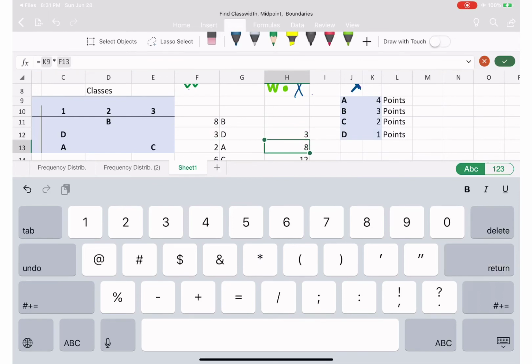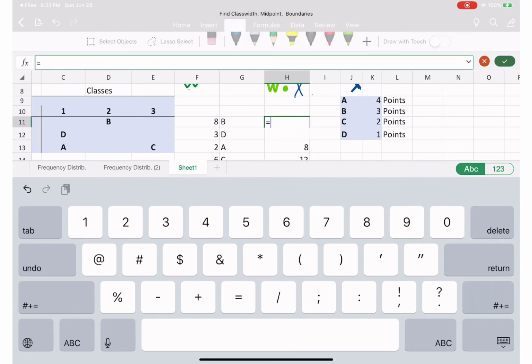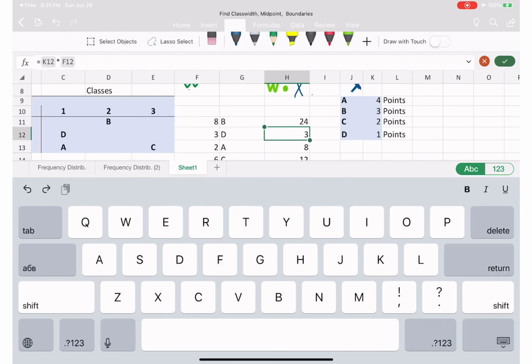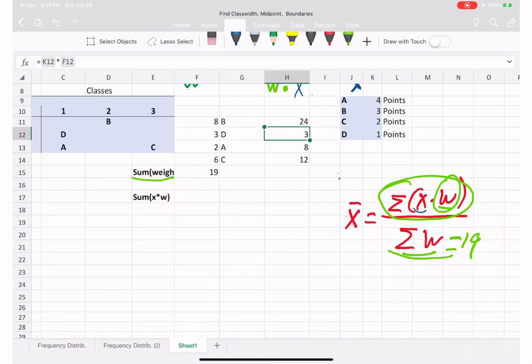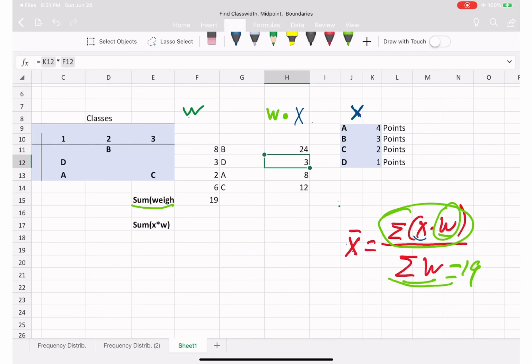And for B, equal sign. Where is our B here? 3, and times, how many we have B weight? 8. All right. So what we have to do, we need to summarize, because we need the sum, correct?